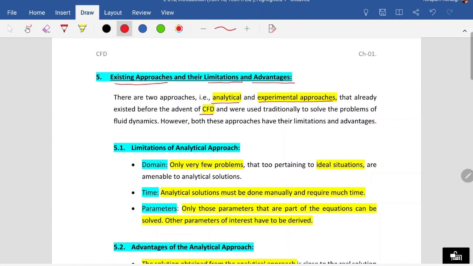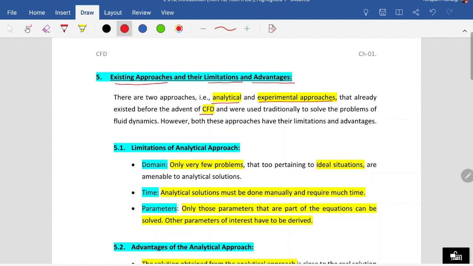As I told you, numerical CFD theory existed long back. When people found that they cannot solve the equations of fluid dynamics, differential equations, by mathematics analytical methods, then they thought about the numerical methods.